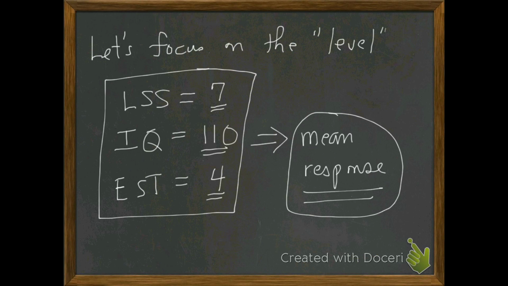All right. So let's take this, which we know is going to be found by taking x times beta.